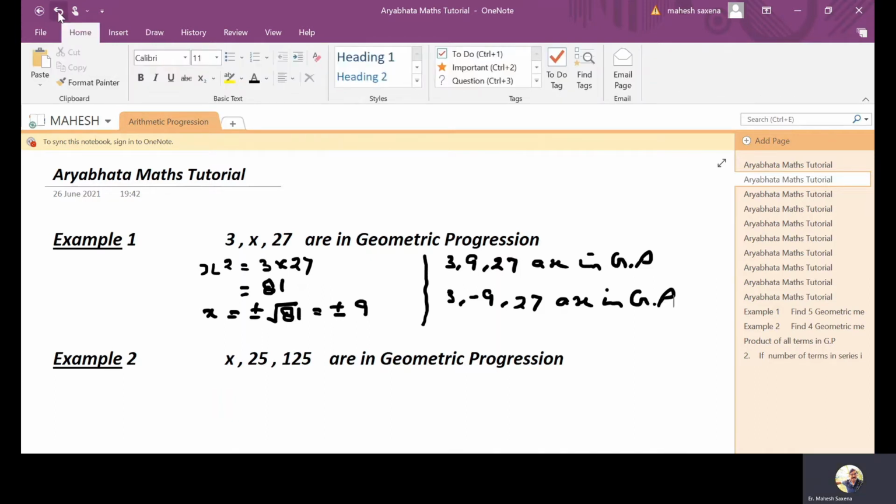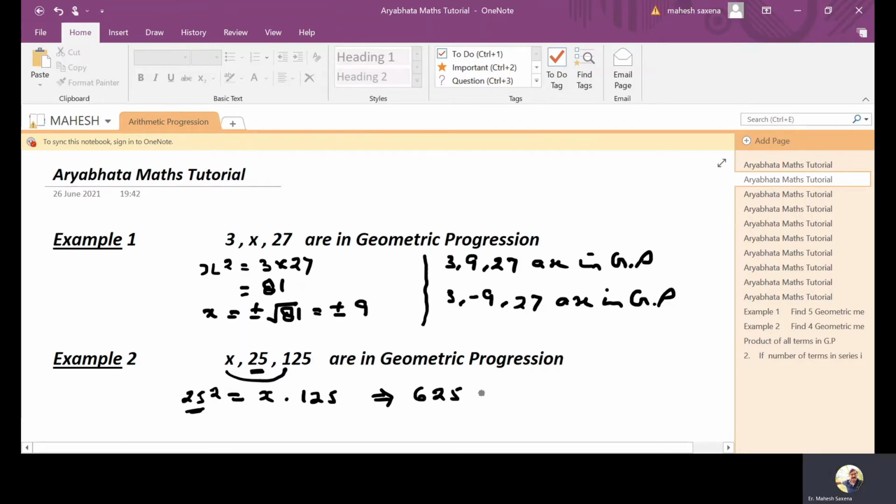Now we take the second example. Suppose 5, x... sorry: Suppose x, 25 and 125 are in geometric progression, then the middle term 25 square is equal to the first term and third term, that is x into 125, which implies that 25 square is equal to 625 is equal to x into 125.